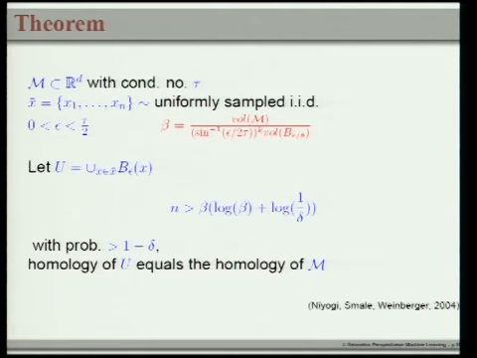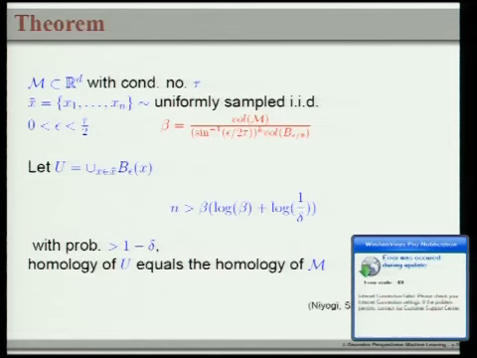The number of data points you need depends only on k. It does not depend on d. So it's completely independent of the ambient dimension, depends only on the intrinsic dimension, and that's the rate. Now what is the actual complexity of this algorithm?